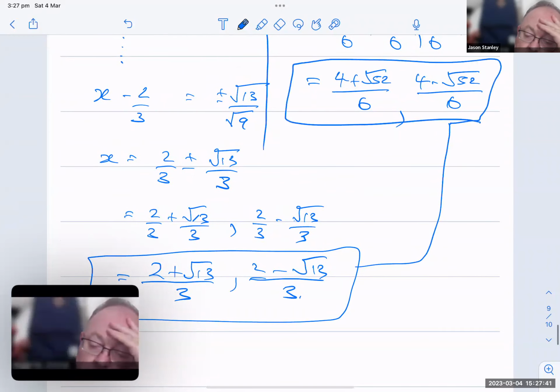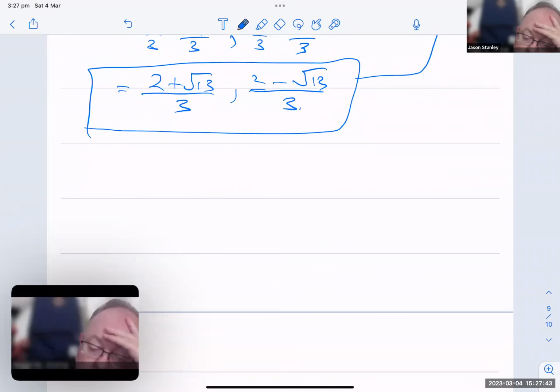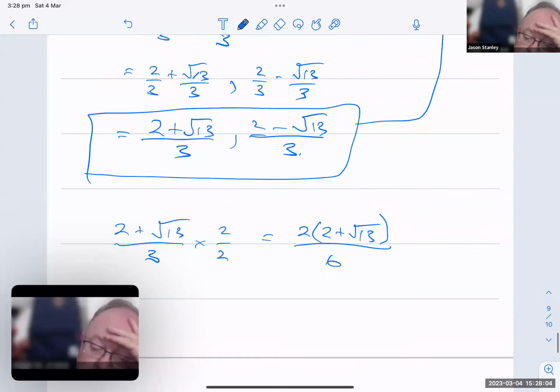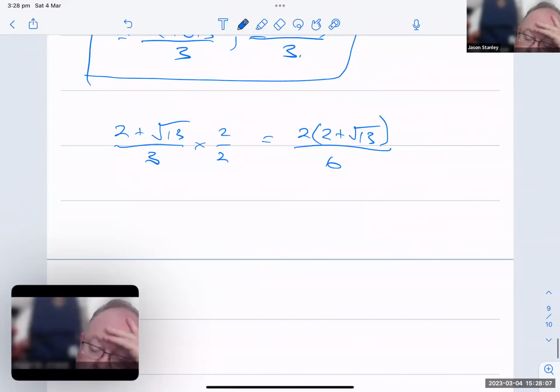So let me show you that it's reduced. If I do 2 plus root 13 on 3 times 2, I will get on the denominator 6. And I have to do 2 bracket 2 plus root 13. So the expansion for that top bit is going to be like that.